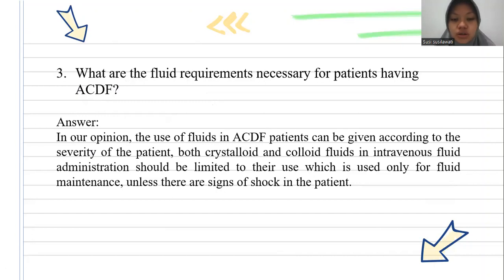Both crystalloid and colloid fluids in intravenous fluid administration should be limited to fluid maintenance unless there are signs of shock in the patient.